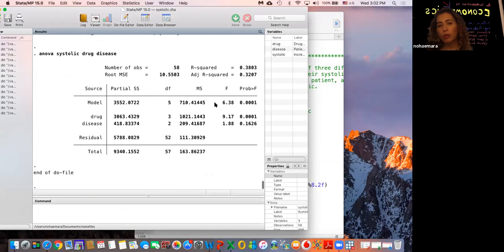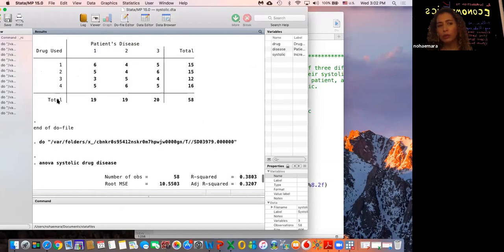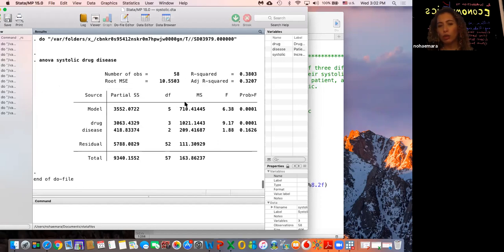This one is about the overall model, but really when I'm talking about the two-way ANOVA analysis, I'm talking about which one matters more: moving by drug, which is block, or moving by disease, which is group.